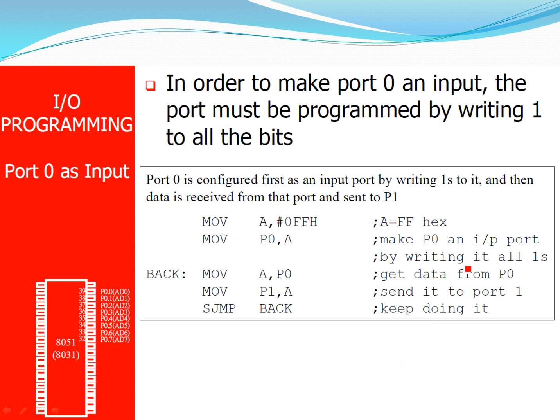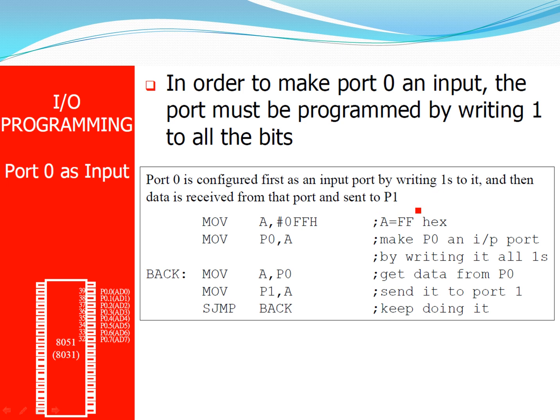Next, in order to make port 0 an input port, the port must be programmed by writing 1 to all the bits of port 0. Let's consider this example. Port 0 is configured first as an input port by writing ones to it, and then data is received from that port and sent to P1.